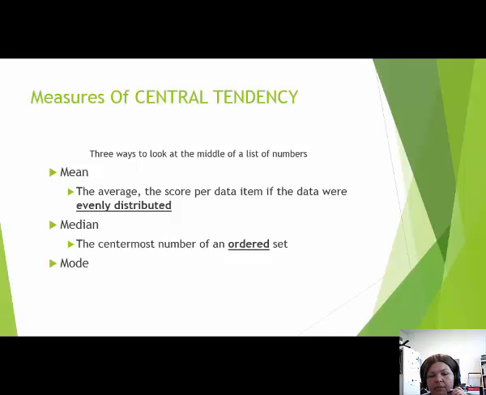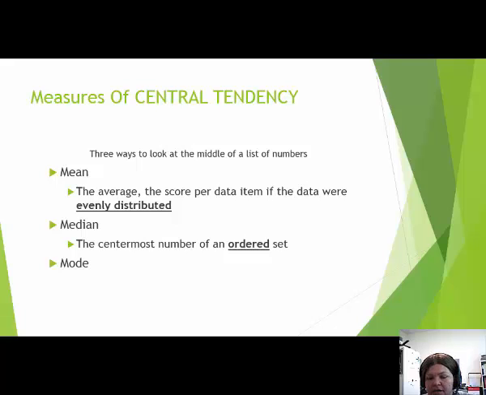Okay. The last measure of central tendency that we're going to look at today is the mode. Mode is a word, if you speak any Latin-based languages like Spanish or French or Italian, you might be familiar with this concept of mode. It means to be fashionable or trendy, and it's the same here.